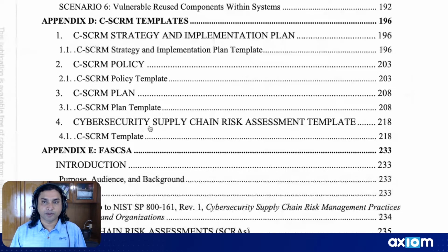This is a long paper. It's very interesting how this framework can be used to create various policies, plans, and controls, and there are tool sets also provided by NIST, and there's a template also that can help you get the framework implemented in your organization.